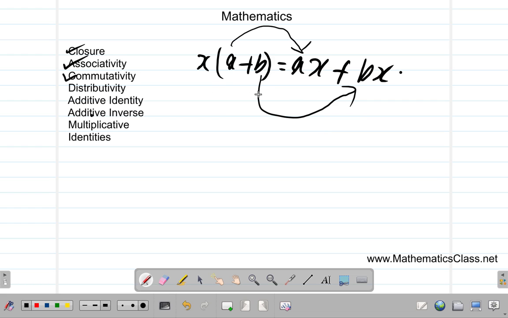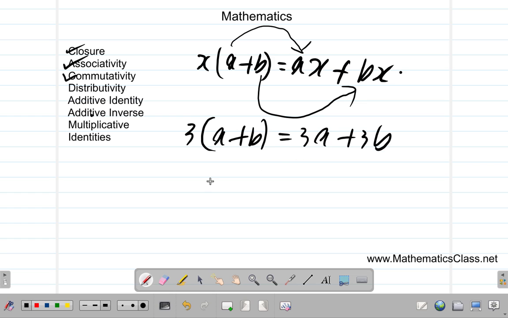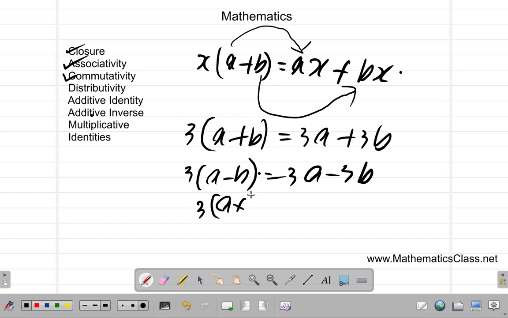Distributive. So it's like, let me look now. 3 multiplied by a plus b, you have 3a plus 3b. That's what happens. If you have 3 times a minus b, you have 3a minus 3b. Right? But you would write it with multiplication and division: 3 times a multiplied by b is the same thing as 3ab.